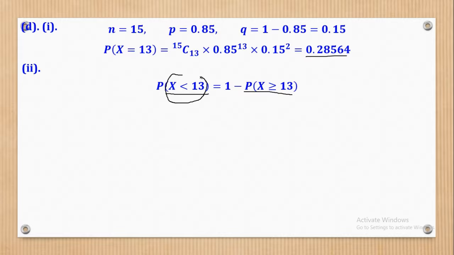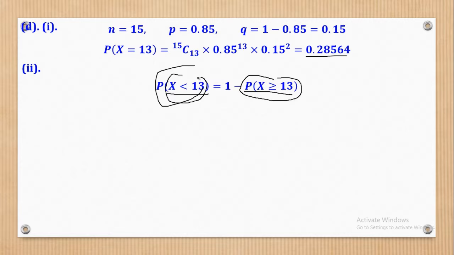But the complement is the opposite of what they want of this inequality, and that is 13, 14, and 15.